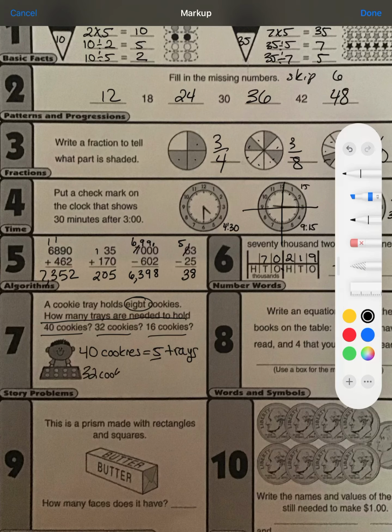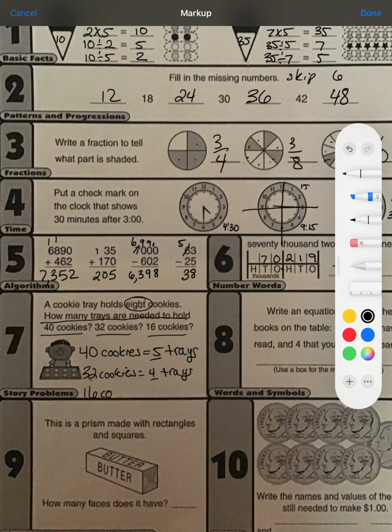Okay, so 32 cookies will need 4 trays because 4 times 8 equals 32. And then 16 cookies will need 2 trays because 2 times 8 equals 16.